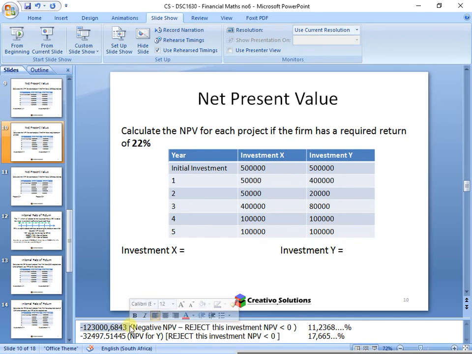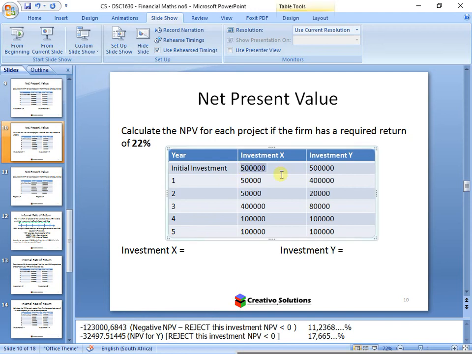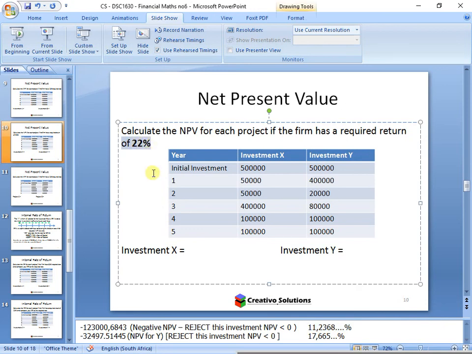That's losing value based on the required return of 22%. So this project isn't giving a return based on time value of money. It is giving a return, but only 11%, not 22. It's too low. The 22% is what you're requiring. Like almost a break even, if you will.